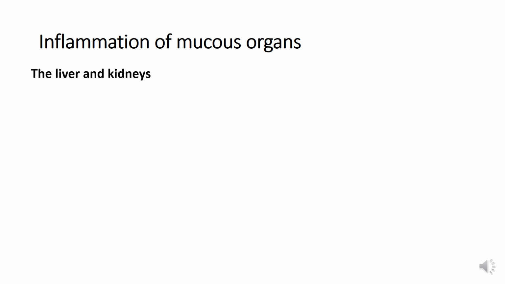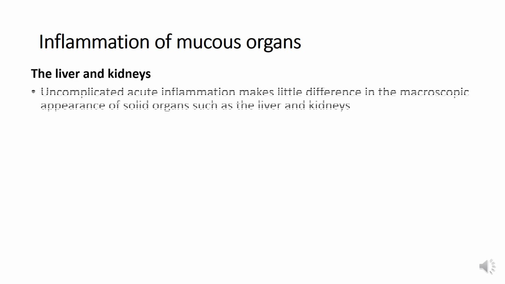Let's talk a little bit about other organs, and we shall start with the liver and the kidneys. Now, when the liver and the kidneys are mildly inflamed, the differences in how they appear when they are healthy and how they appear when they are acutely inflamed may not be much, because these organs, first of all, are solid, and the cells are tightly knit together.